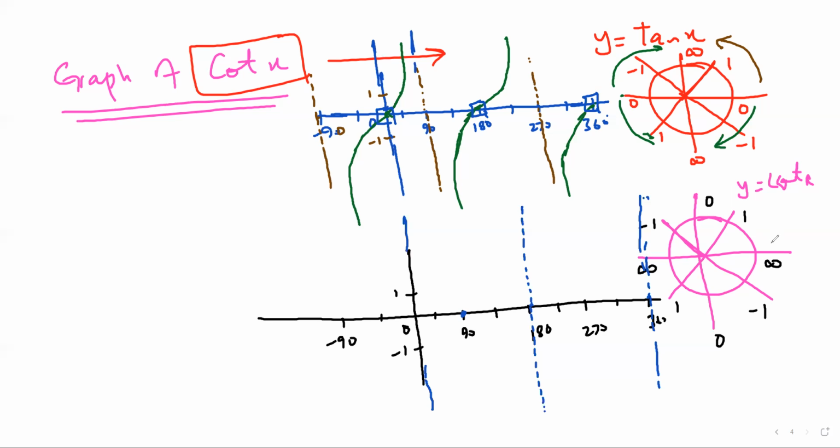So from infinity you will be coming towards zero like this, and from this zero you will go back towards infinity like this. If I can draw this neatly, this should look like this. This is the graph for the cotangent x.